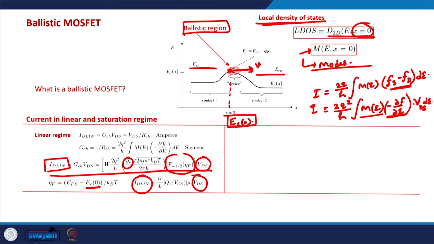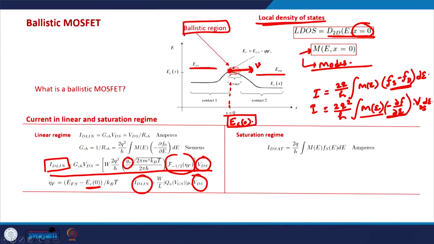Generally this is the point where we focus our attention, because at this point we can in a way make a resolution between the effect of the gate and the effect of the drain on the current. Okay. So, this is a pretty straightforward thing. In the ballistic MOSFET, this is the current in the linear regime.